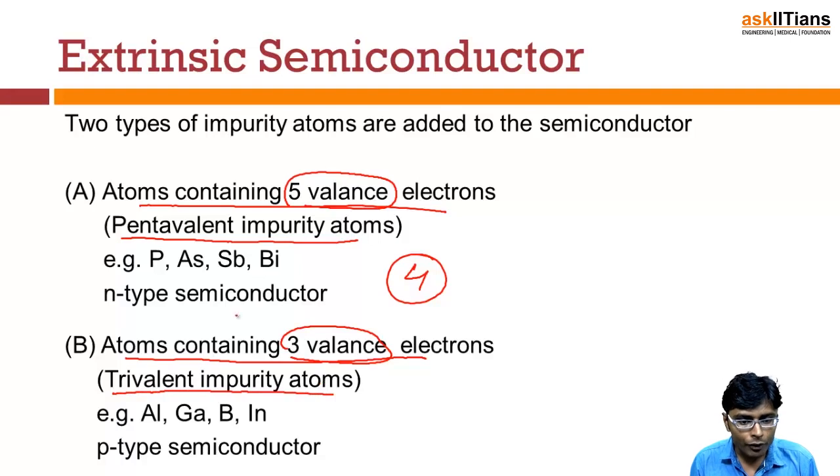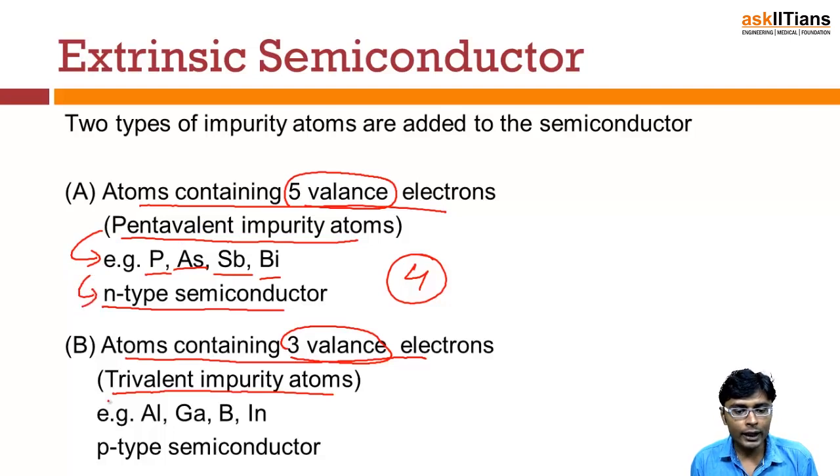Examples of pentavalent are phosphorus, arsenic, antimony, bismuth. The semiconductor made after adding pentavalent impurity is called the N-type semiconductor.